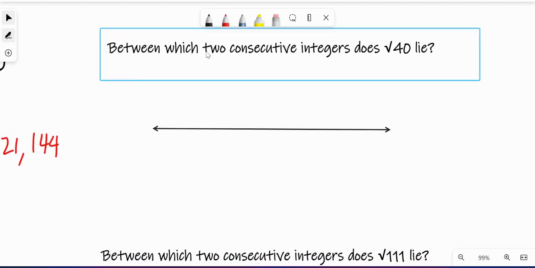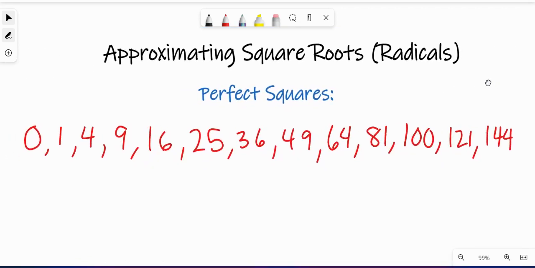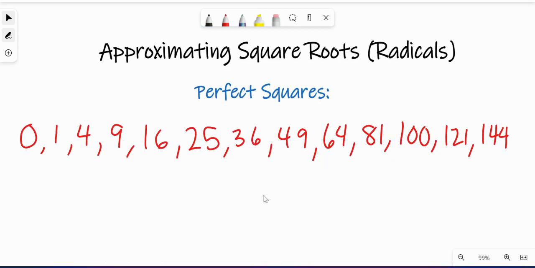All right, it says between which two consecutive integers does the square root of 40, radical 40, lie? Okay, so 40, we take a look back at our perfect squares. 40 is in between, right here, 36 and 49. That's where 40 is in between.